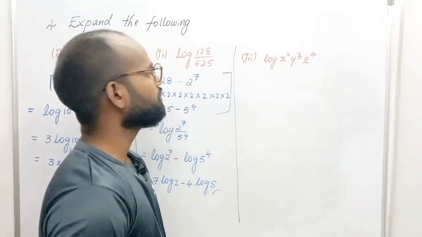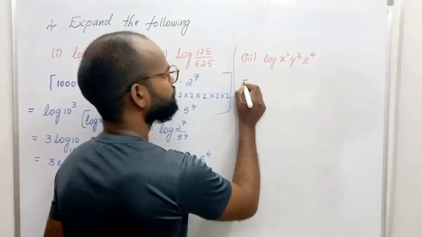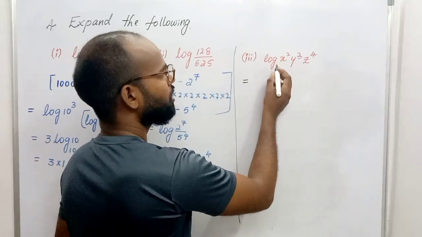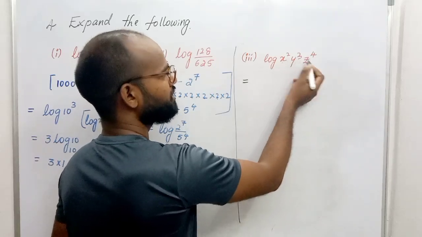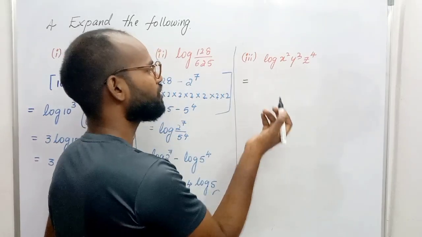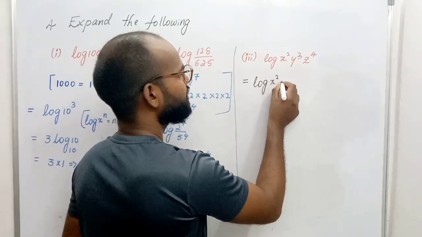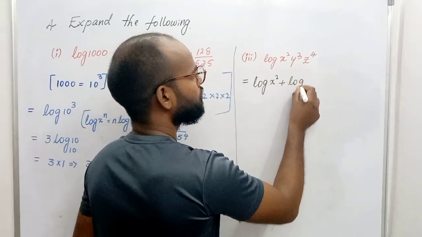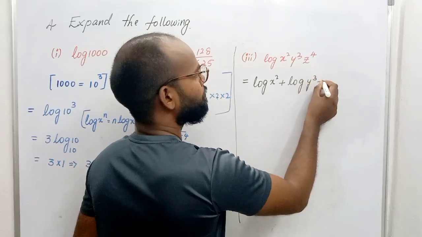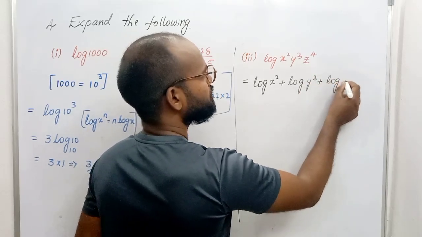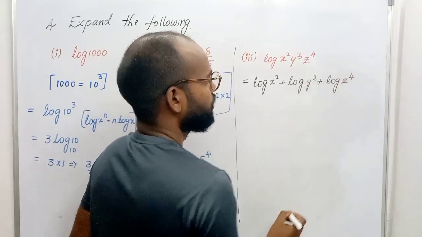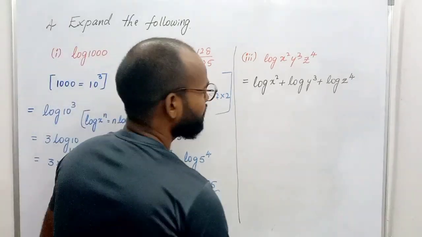The third problem is very simple. It is in the form of log a, b, c. You can write it as log a plus log b plus log c. Now you can expand every term.